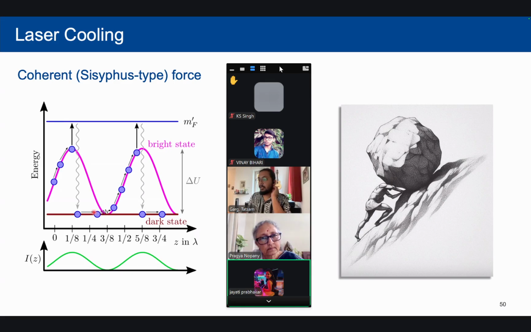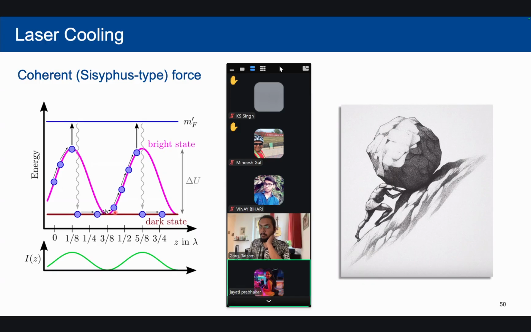So basically, if the hill is going like this, what you are saying is that eventually the atom will not have more energy to climb up. Let's say after the 10th hill, that atom does not have any energy to climb the 11th hill, right? So that's how the cooling is done.